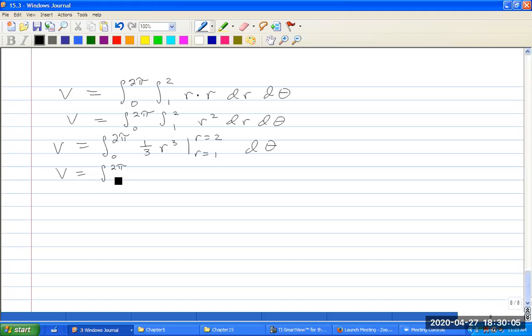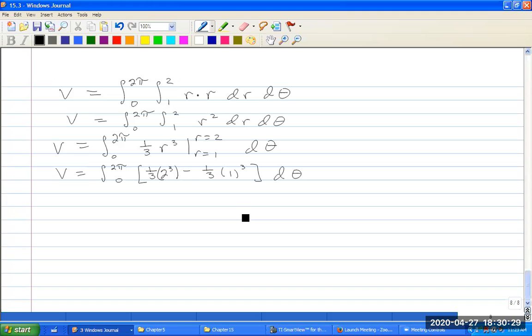Let's plug in 2. It's 1/3 times 2 cubed minus 1/3 times 1 cubed, d theta. Well, 8 minus 1 is just 7.